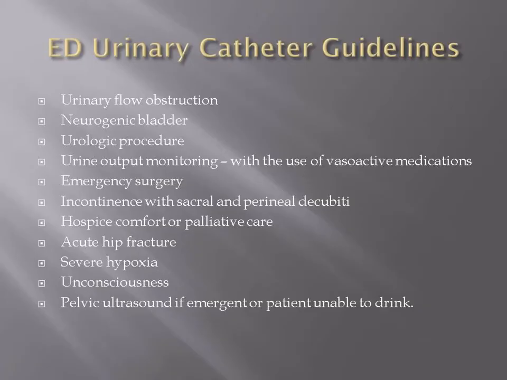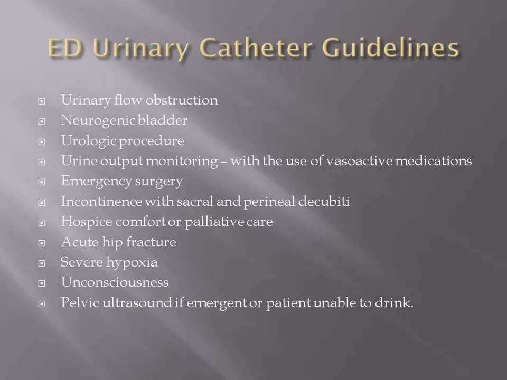So here are some guidelines as to when a urinary catheter should be placed in the emergency department. If there's suspected urinary flow obstruction, neurogenic bladder, urologic procedure, those patients that have vasoactive medications being given to them may need urine output monitoring.